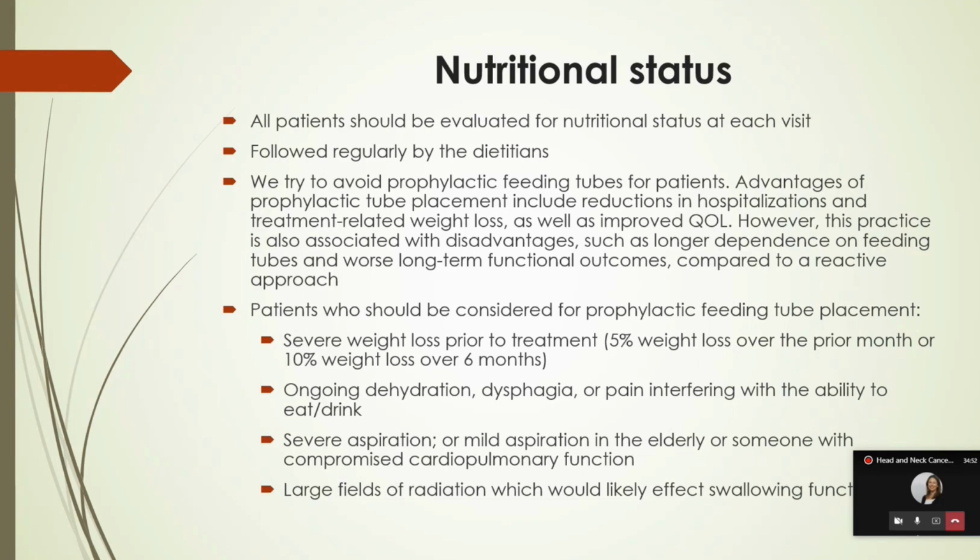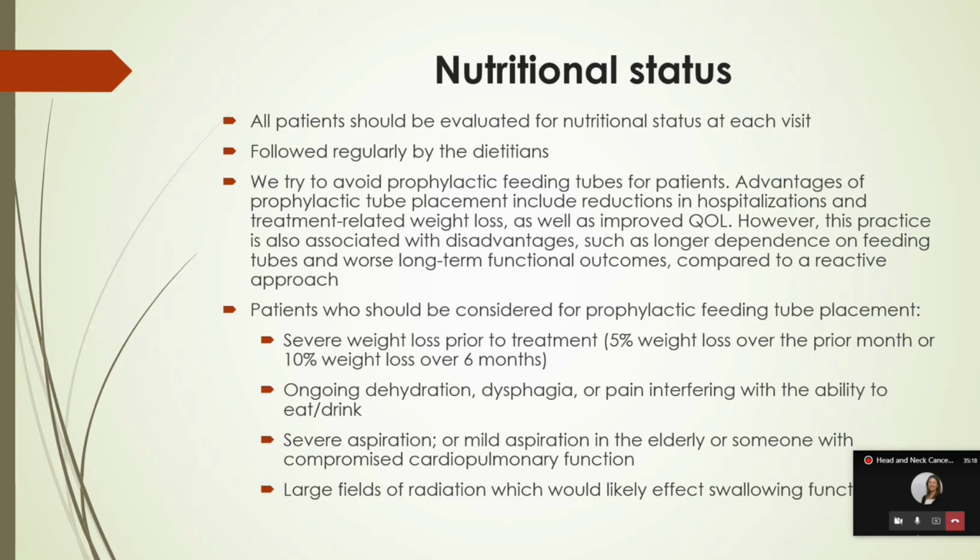But there are several patients that we consider putting a prophylactic feeding tube in prior to starting perhaps a chemotherapy and radiation protocol. Those are patients that have severe weight loss prior to treatment, patients who have ongoing dehydration, trouble swallowing, or pain interfering with their ability to eat or drink at the onset.